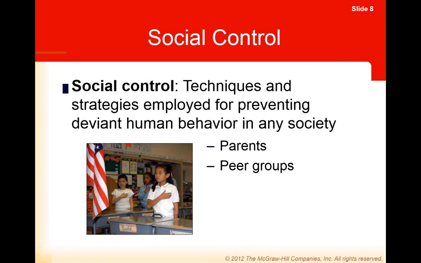Parents, peer groups, schools, companies, government, all of these things, to a certain extent, socialize us. They also tell us what is acceptable and unacceptable behavior. Parents will punish unacceptable behavior, and they will reward acceptable behavior. Same thing with your peer group.